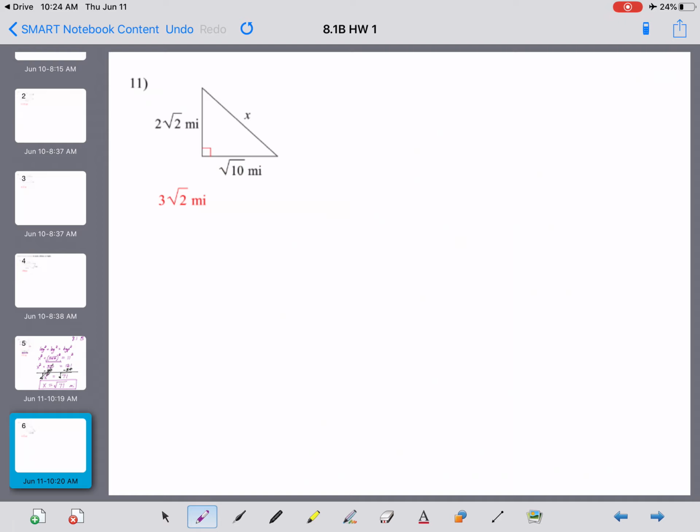Okay, a question was also asked about problem number 11, and yeah, this is an interesting one here as well. So once more, it's a right triangle, two sides are given, and we are looking now for the hypotenuse. So once more, this is a Pythagorean theorem problem. Leg squared plus leg squared is equal to hypotenuse squared. And let's fill in what we know.